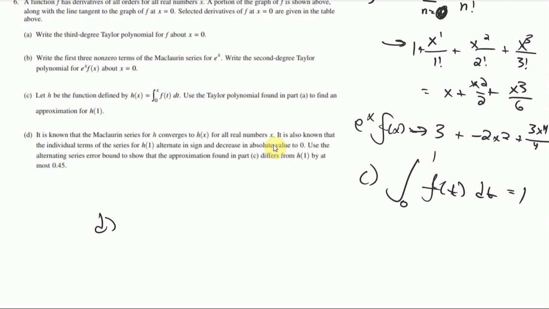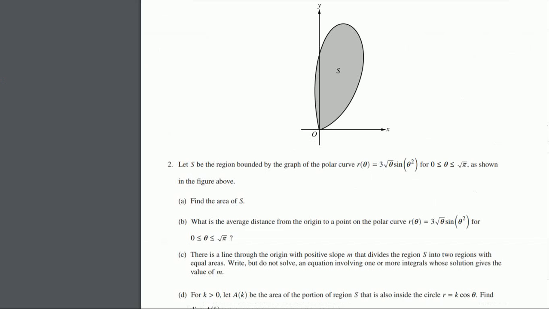It is known that the Maclaurin series for h converges to h of x for all real numbers x. It is also known that blah, blah, blah. Alternating series error bound. Okay, the approximation in part C. I did this on the test, and I got it right, definitely. I'm going to have to pull this up.